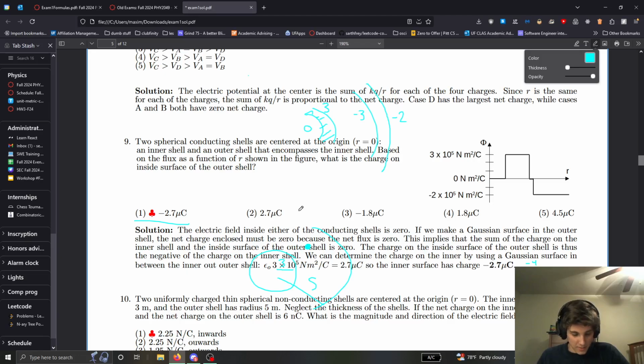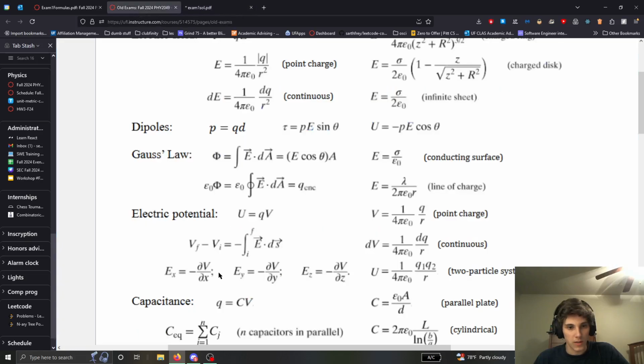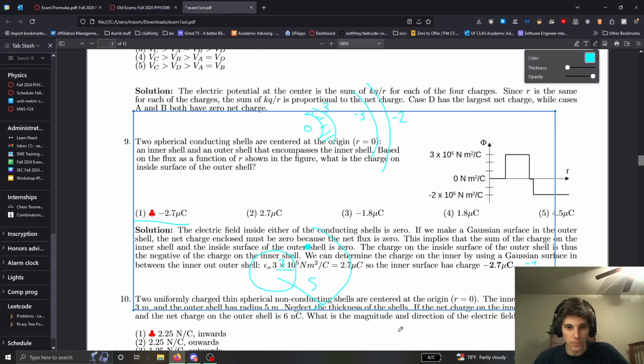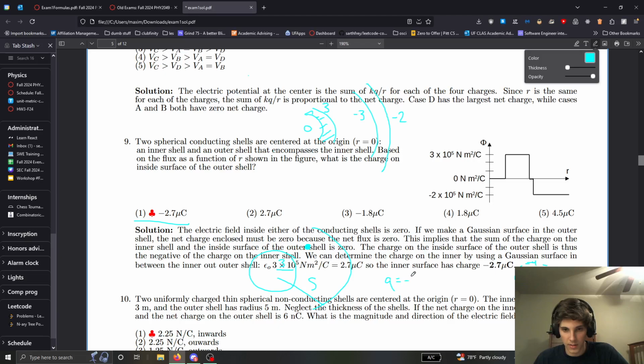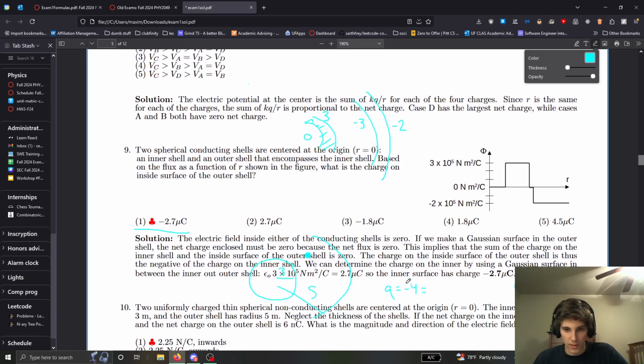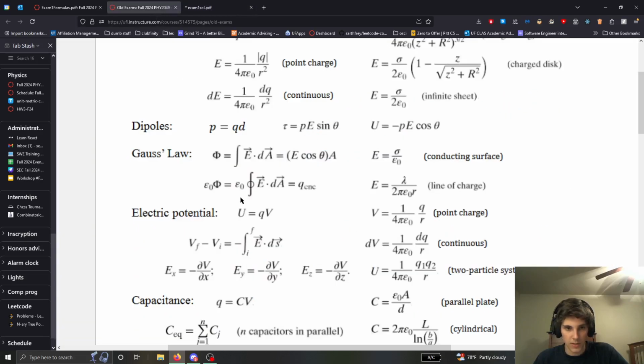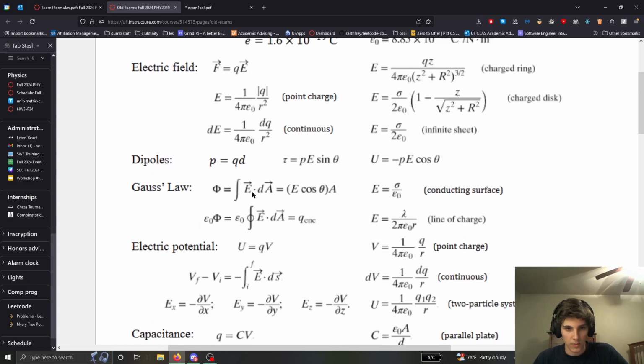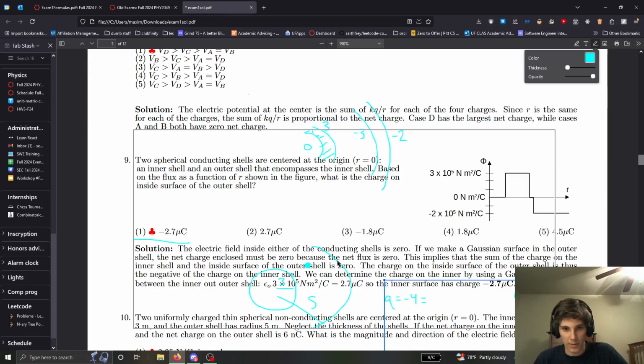So here, we can just use the charge enclosed, because we know that the net charge of the shell is -4, so the charge enclosed here has to be this -4. And we are trying to find the electric field, and charge enclosed is equal to epsilon 0 times electric field times the area.